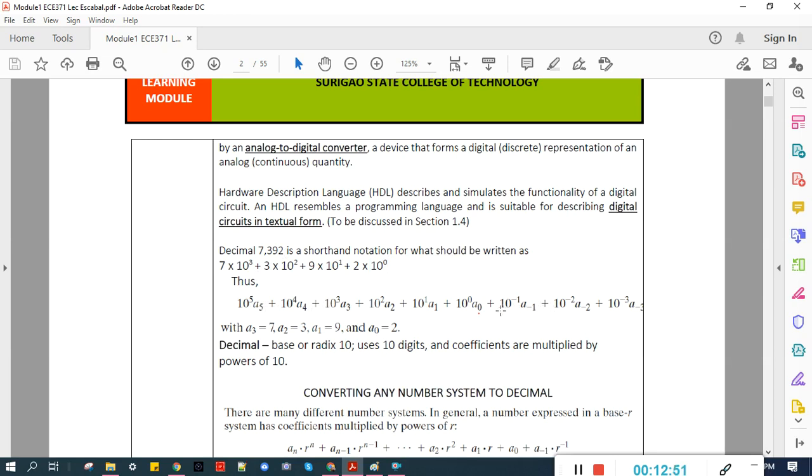And for the decimal point, the exponent of 10 becomes negative.